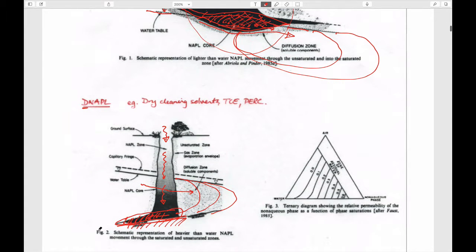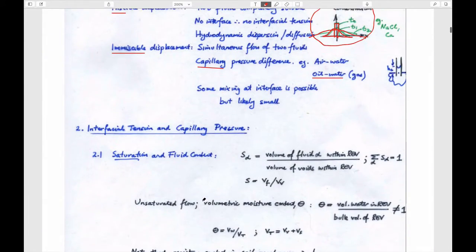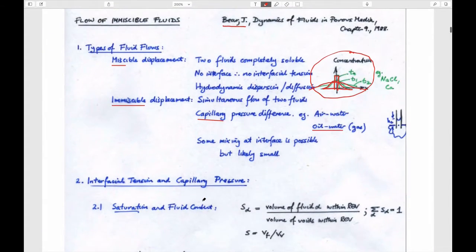If it's denser than water, it won't stop at the water table, it'll just keep on going. It'll be stopped by a capillary barrier, and again you'll have this smear zone. What we'd like to know is how much of it is present here, how quickly it can vaporize and get into the atmosphere which we breathe, and how quickly it can be carried downstream. So that's our first task.